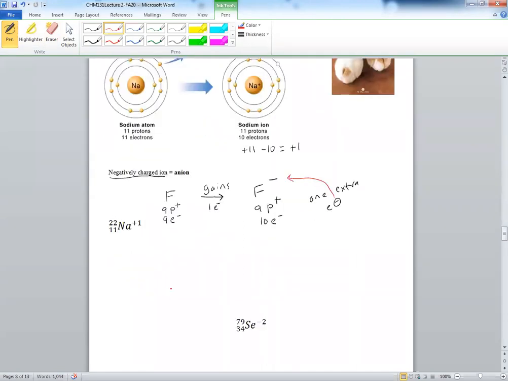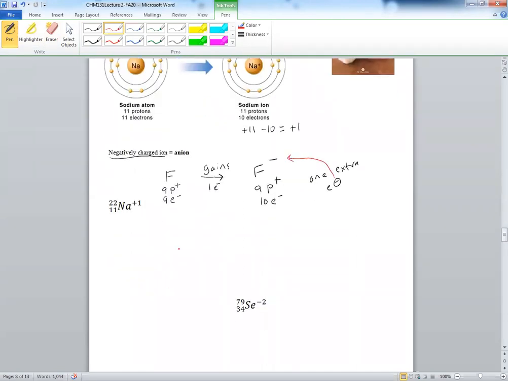So let's see how this would work out in the isotopic notation. You have sodium with a positive 1 charge, and you're asked to calculate the number of protons, electrons, and neutrons. The number of protons is 11 down here.